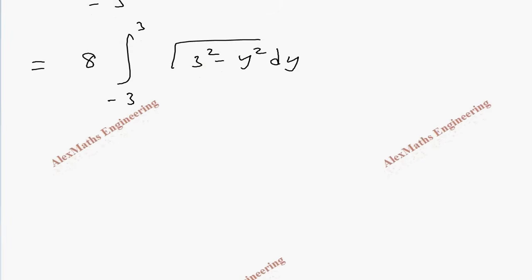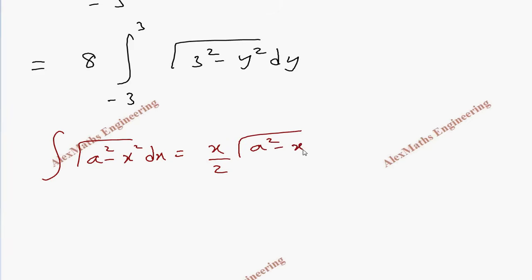For this part of the integration, we have a formula. The integral of root of a square minus x square dx is x by 2 root of a square minus x square plus a square by 2 sin inverse x by a, plus c.